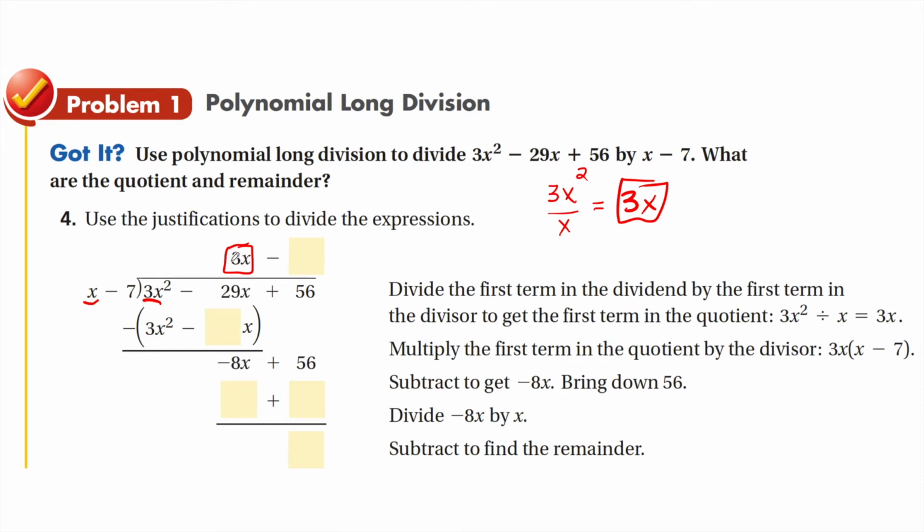But what we have to do now is multiply the first term of the quotient, or the brand new 3x that we created, by the original divisor, that x minus 7. So we're going to get 3x times x, which gives you a 3x squared. We have a 3x times a negative 7, which gives you a negative 21x. But notice it's inside a set of parentheses.